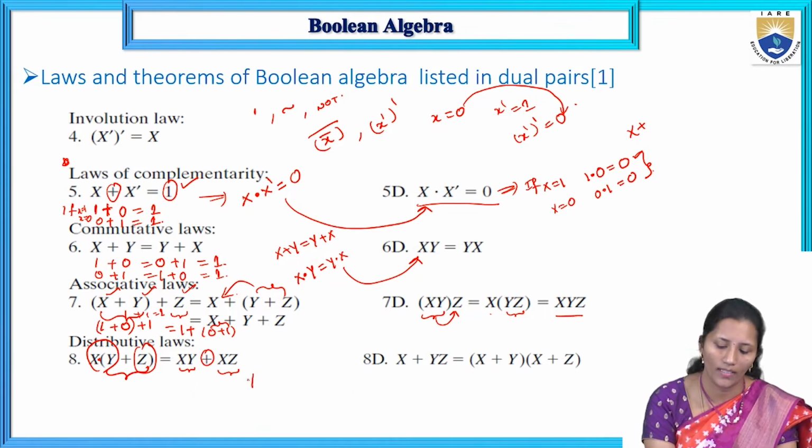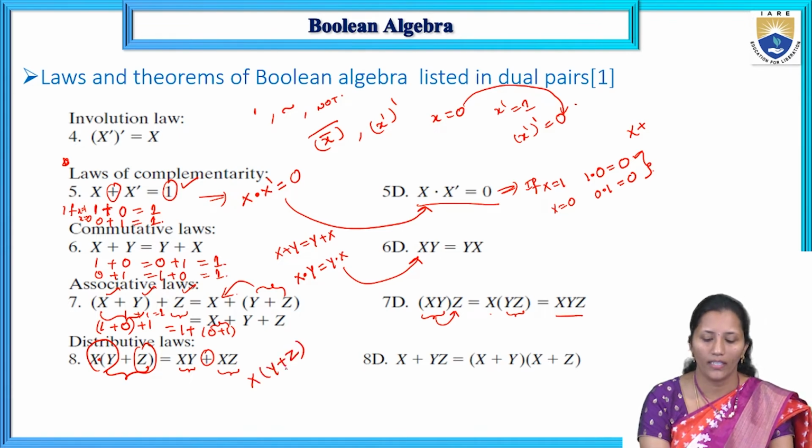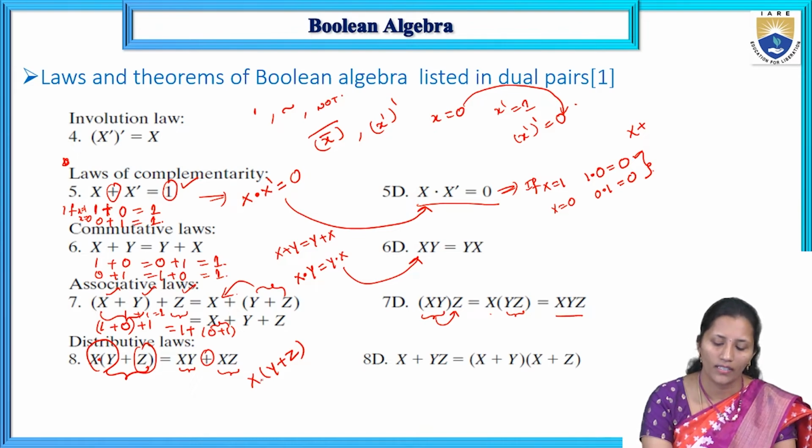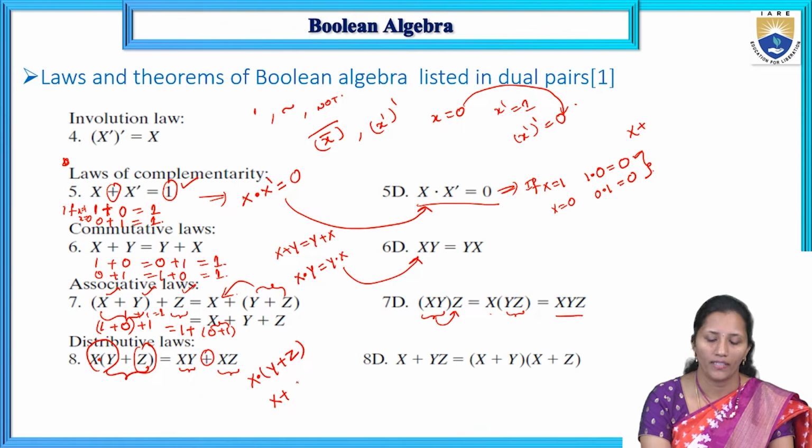How can we write the duality of this? If we want to write the duality for this distributive law, see here, x into (y plus z). Here x has the dot, and the dot will become plus, so AND will become the OR operation.